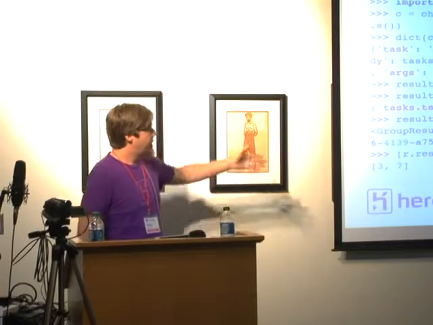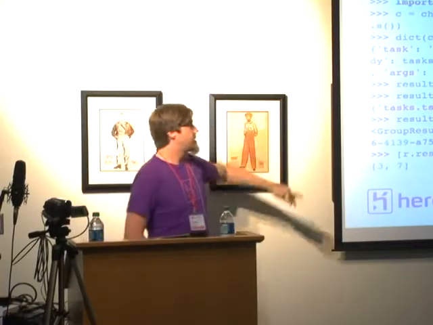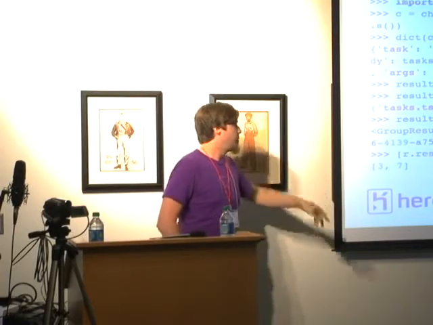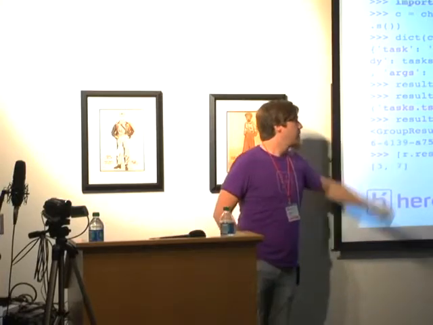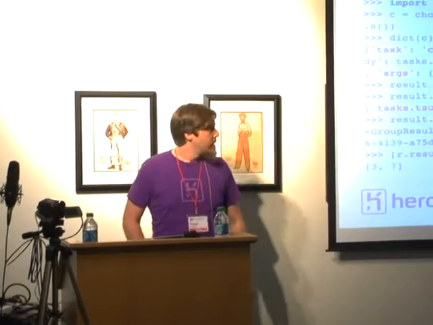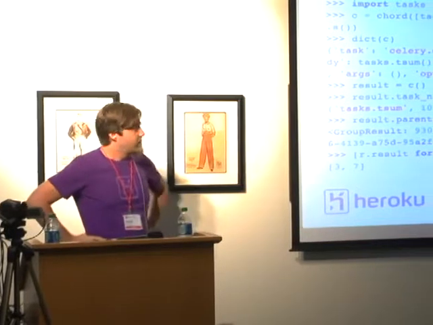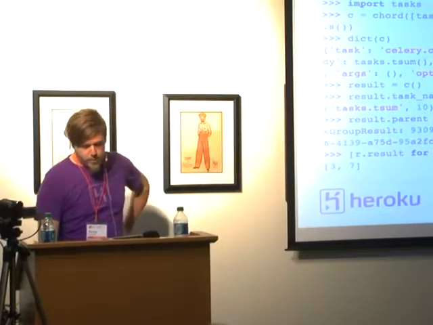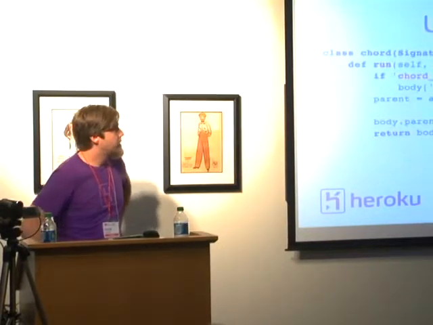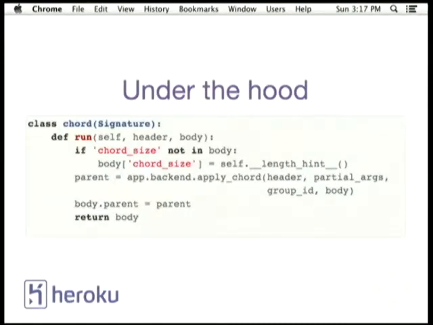But you can see that you can still inspect each task and results from the group, get the individual results, and then they're summed together in this callback task. So this requires a fair bit of coordination from the result backends in order to work. The chord knows how many tasks are in its header group, and so it stores that as its chord size.